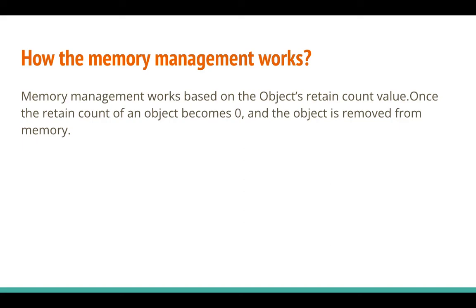Memory management works as follows: when we create an object, memory is allocated for it. When we release the object, the memory is released. Memory management works based on the object's retain count value.